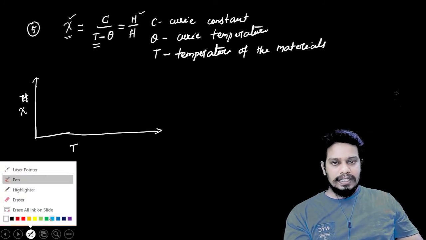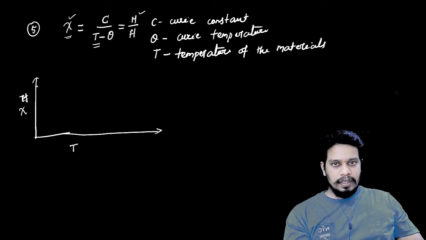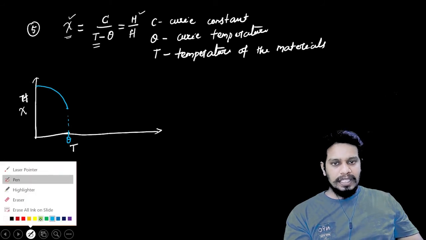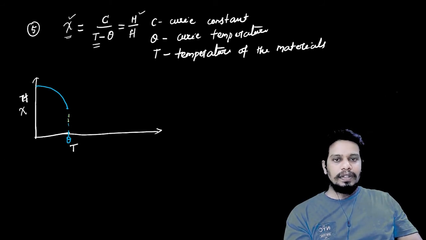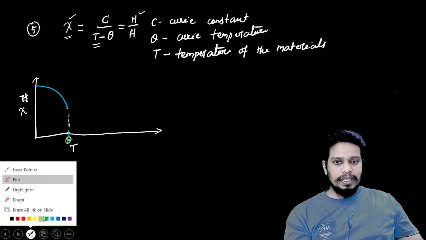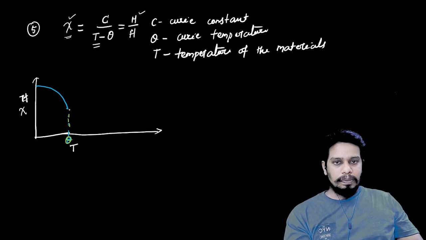If you increase the temperature, the chi value keeps decreasing, but at a particular temperature, called the Curie temperature, theta, which is different for different materials, it becomes paramagnetic.